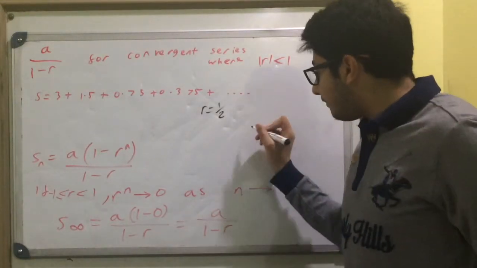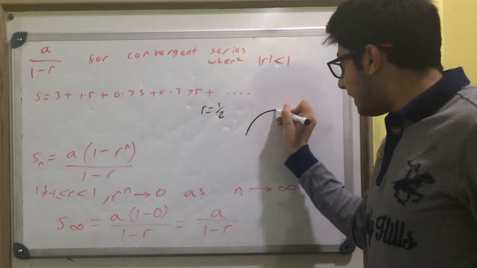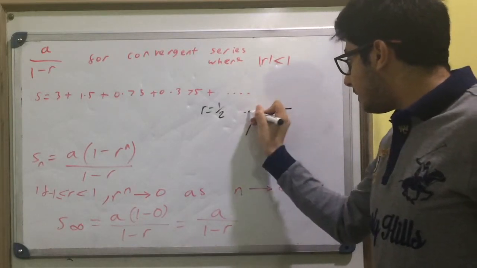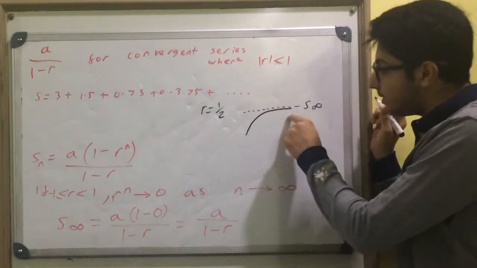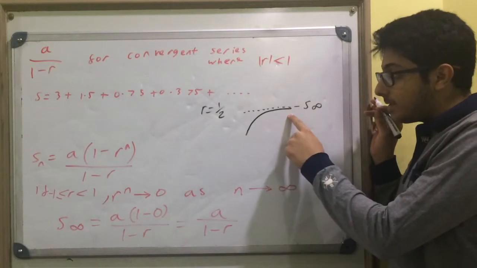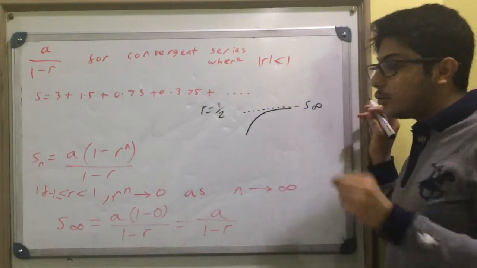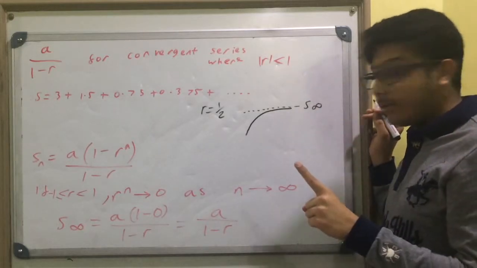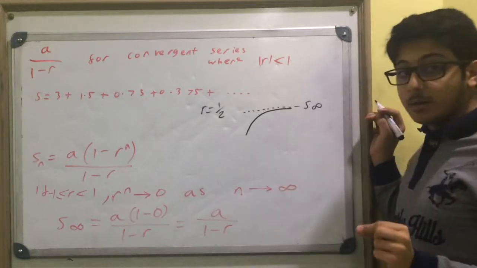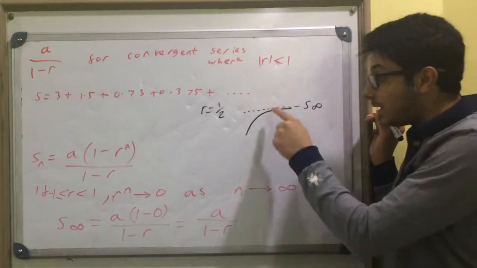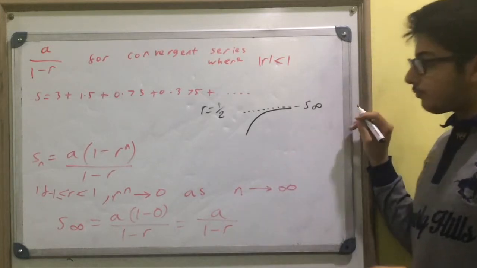We want to find where the series converges, where the sum to infinity is. You add less and less, and it's going to converge to one number. And that number is going to be the sum to infinity. It never reaches that number, like an asymptote, but it converges towards it.